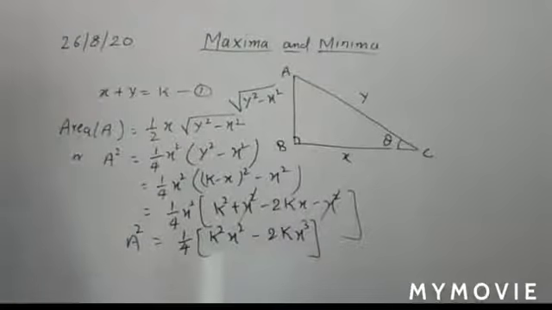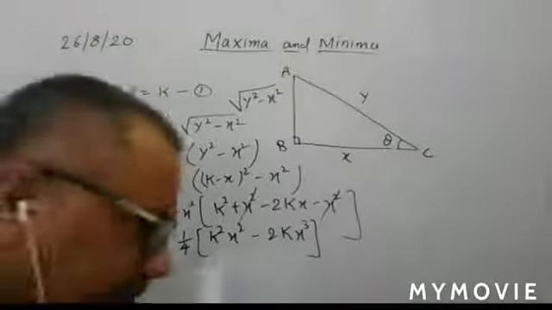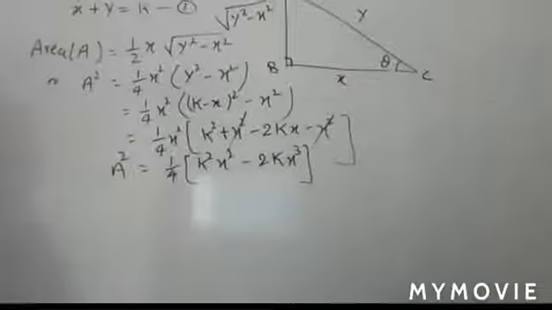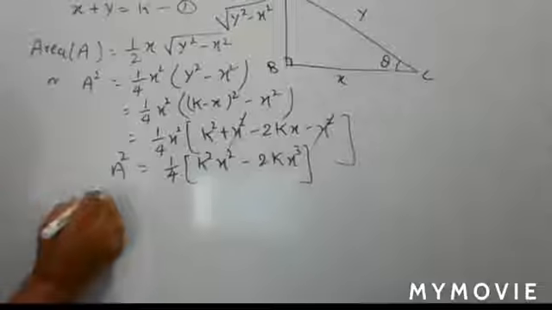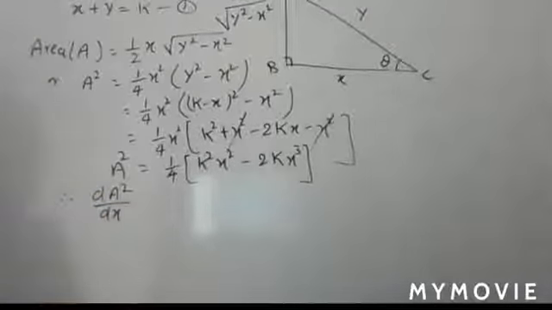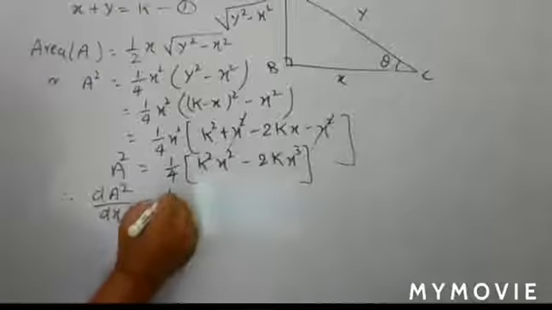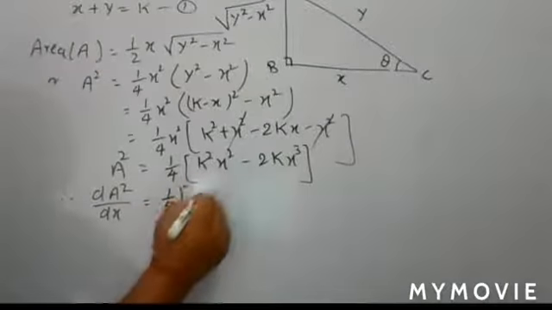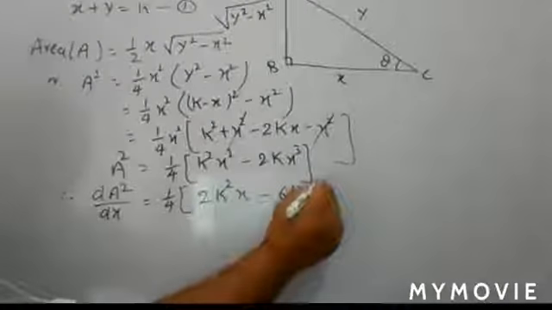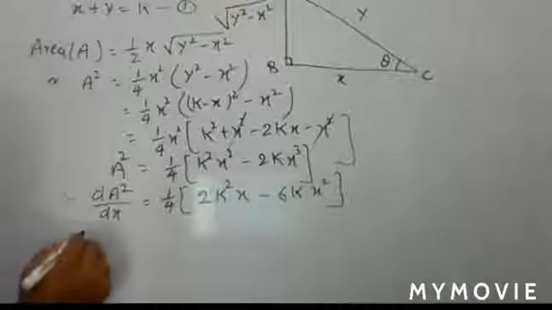Now here you apply the same method, but A square is taken as a function. So if you differentiate that function with respect to x, first you take its first derivative, dA square by dx. So 1 by 4 as it is, and here you have 2k square x minus 6k x square, and make it equal to 0.